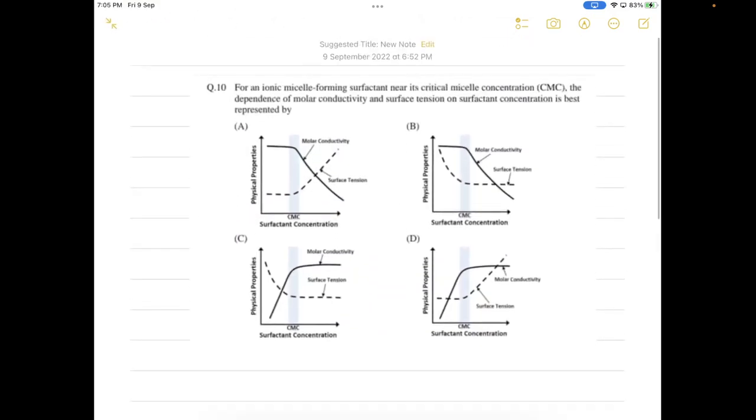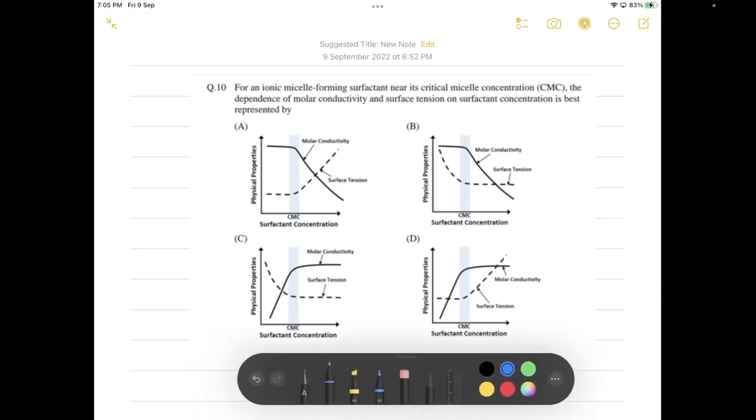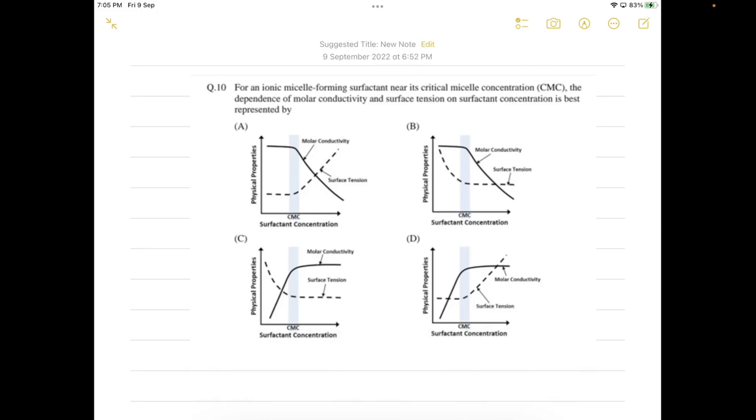This is question number 10 from the 2018 paper, and the question says, for an ionic micelle forming surfactant near its critical micelle concentration, which is CMC, the dependence of molar conductivity and the surface tension on the surfactant concentration is best represented by which of the following four figures?